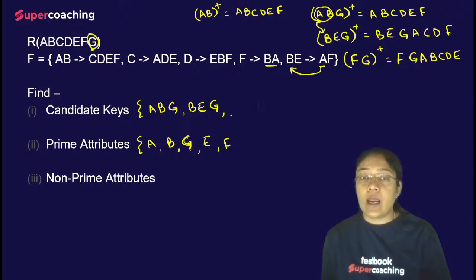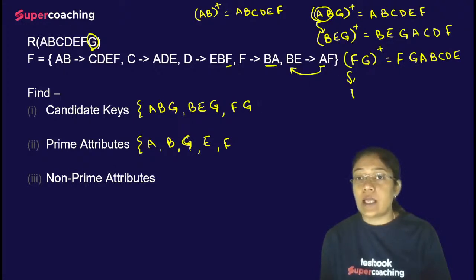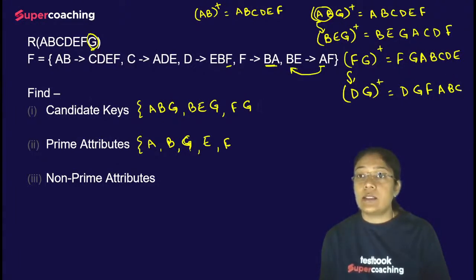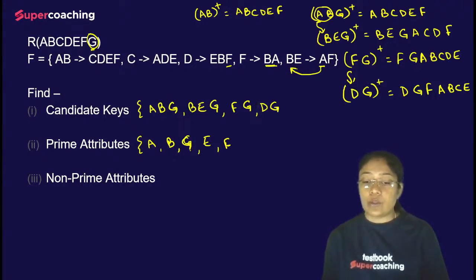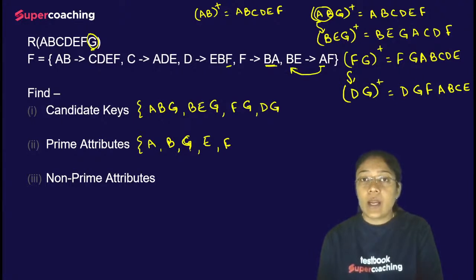So F and FG. Now F is present on the right hand side of D, so we can replace this F with D. We'll get DG. D is determining F and F is determining AB, AB is determining C, D, E. All the attributes are determined, so DG is another possibility. Right?